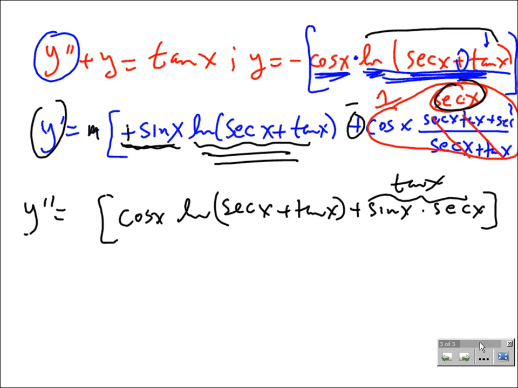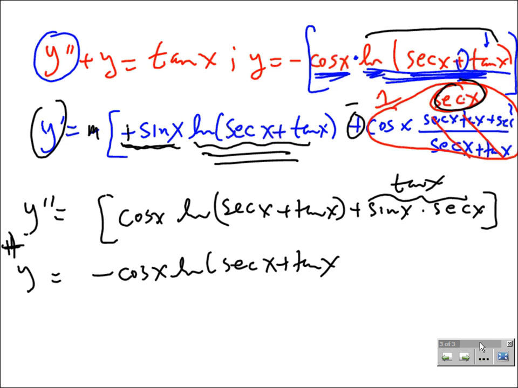And I am going to add on y. Y is negative cosine x ln of secant x plus tangent x. So when I add the left side, I'll get y double prime plus y.